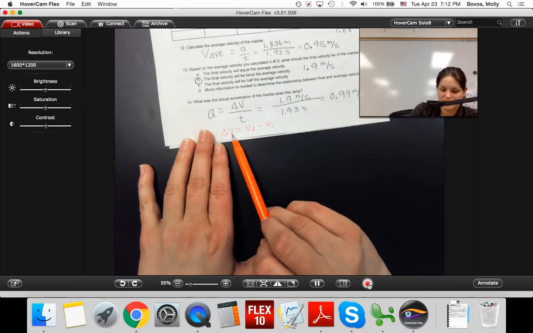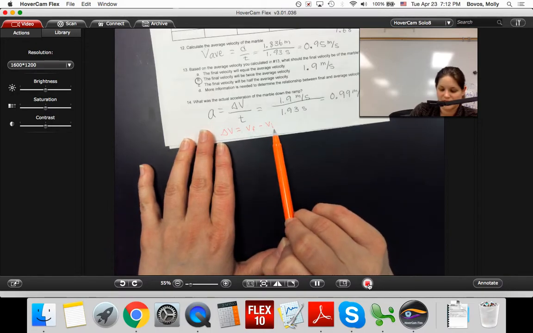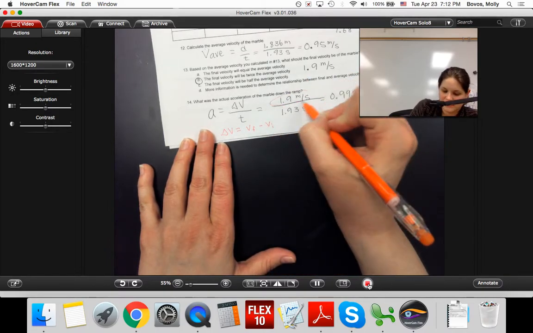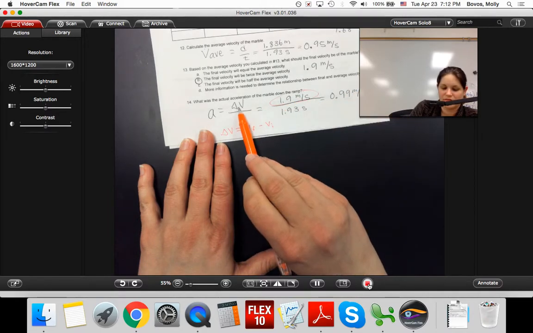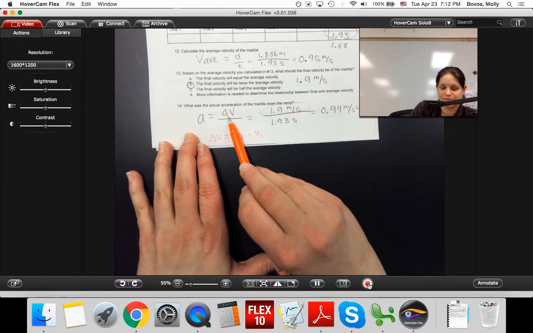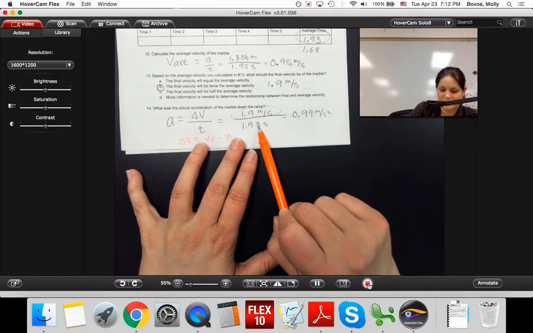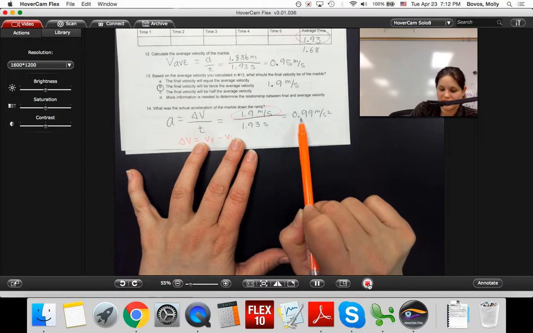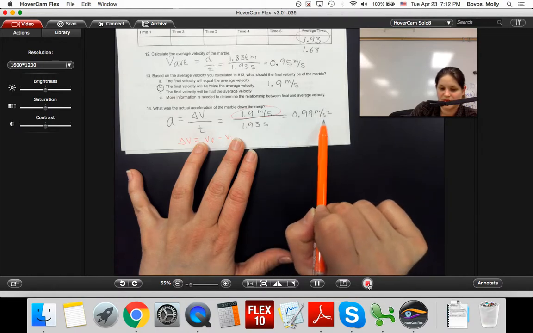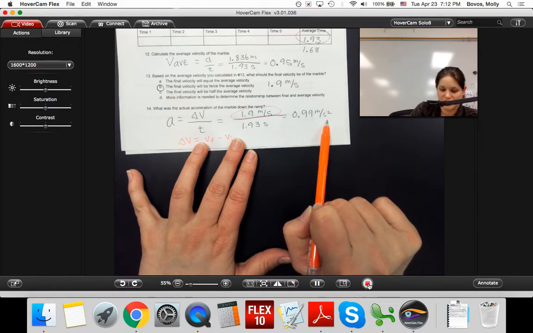Our delta V is going to be 1.9 minus 0, which is where I'm getting 1.9 for my change in velocity here. Then I get, of course, the time, divide by that, and I should get 0.99 meters per second squared as my acceleration.